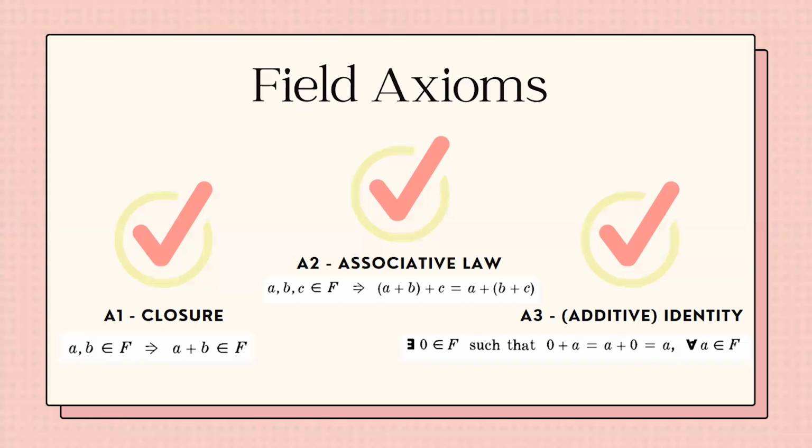Then the next one: there exists an element which we denote by 0 such that a plus 0, or 0 plus a, is equal to a, for all a an element of F. This is what we call the identity property of addition.